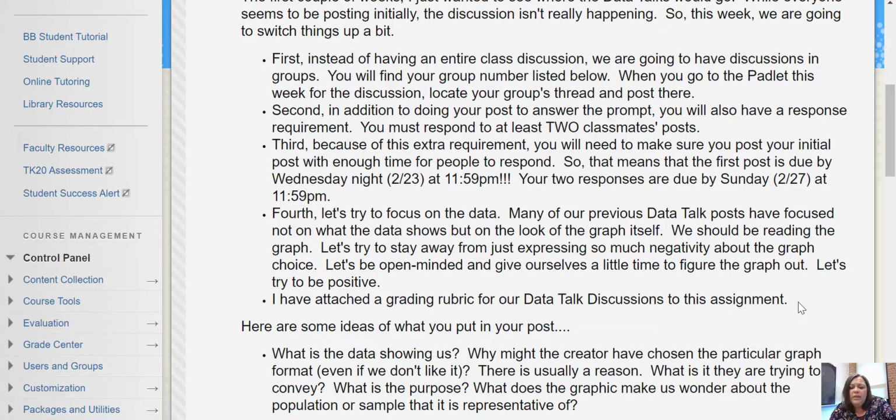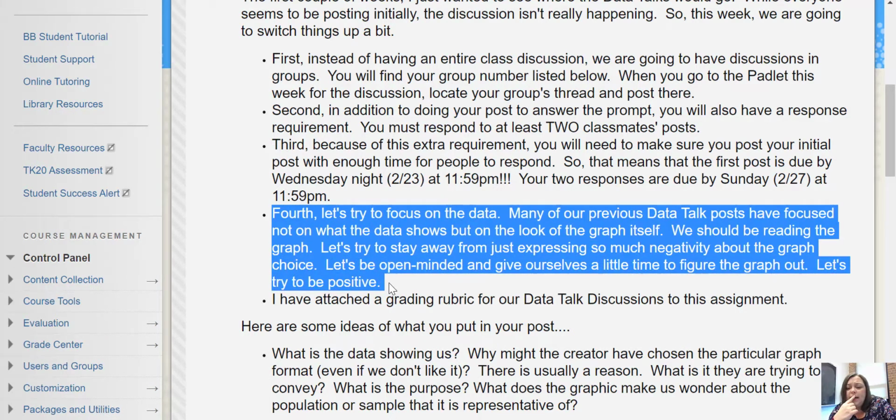And then the other thing I just wanted to talk about is focusing on the data. Some of our posts are focusing really hard on just what the graph looks like, and there's very little mention of the data itself.